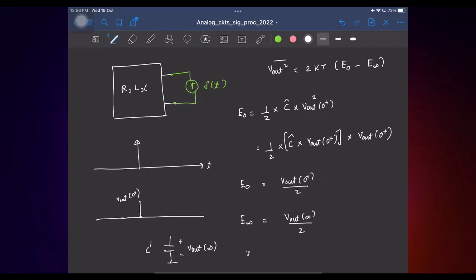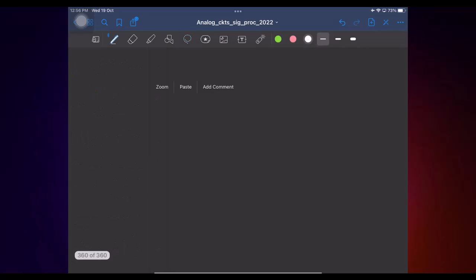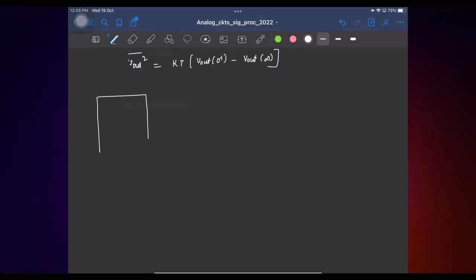So what is V out square? kT times... Okay, so let me draw the network again. This is the RLC network, and we have applied an impulse current.